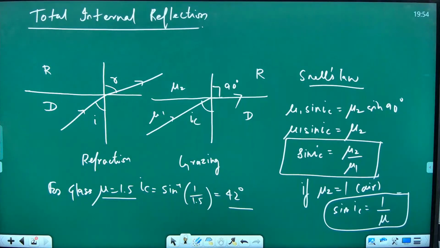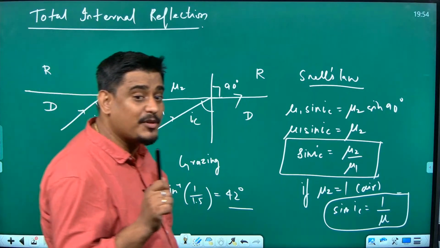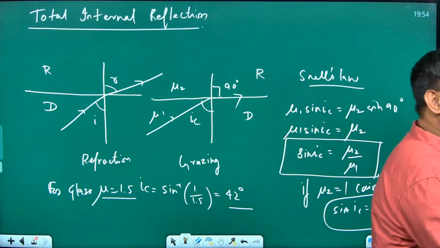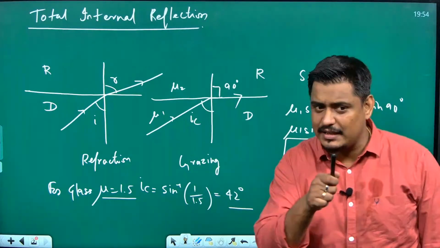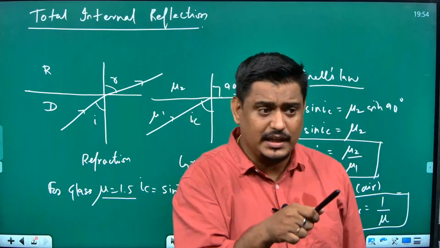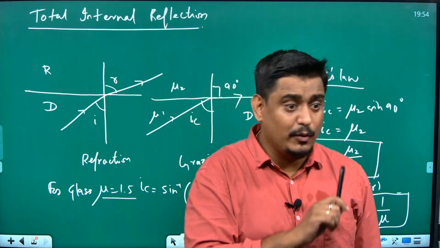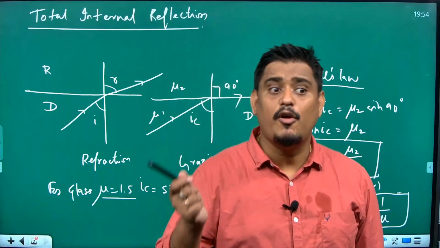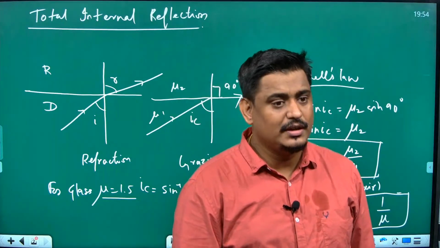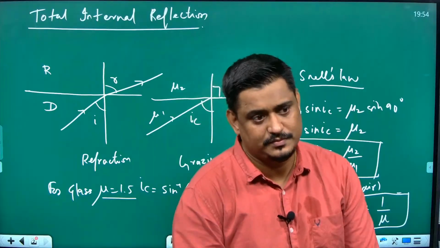You can remember this. It means that if light enters glass with an angle less than 42 degrees, it will undergo refraction. Equal to 42 degrees, it will go grazing. More than 42 degrees, it will undergo TIR. Is it clear to you?